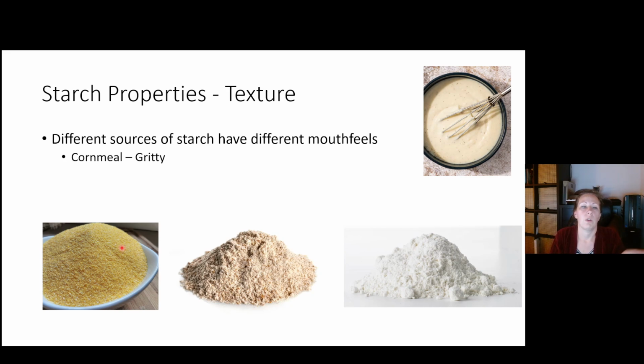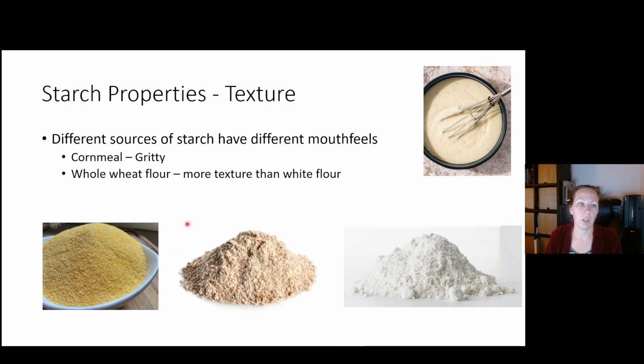And so whatever starch solution you make of that, it's going to have that texture, versus if you have whole wheat flour, that is going to have more texture than white flour.